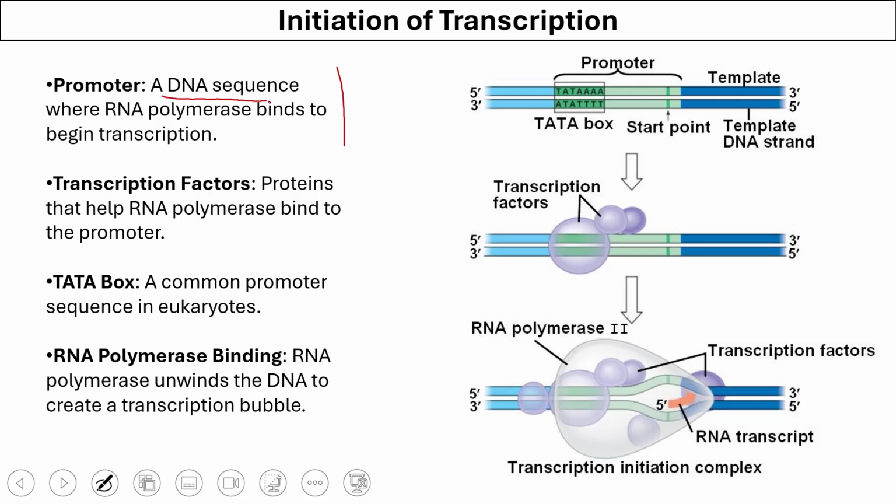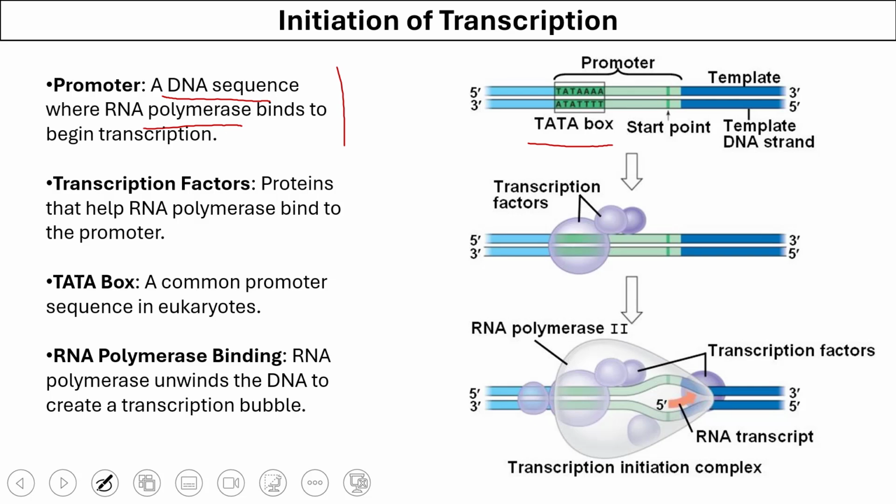Promoter is a DNA sequence where the RNA polymerase binds so that it can start building the RNA strand. Commonly, this sequence of DNA is called the TATA box, where the RNA polymerase comes and starts the transcription.